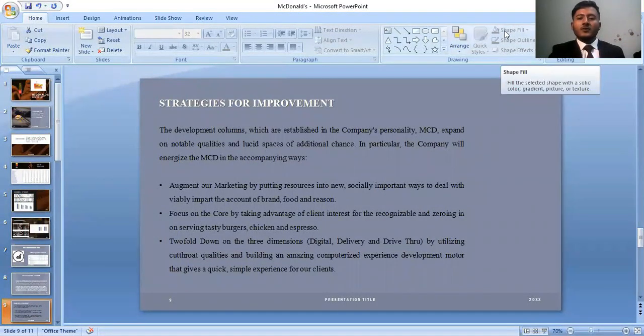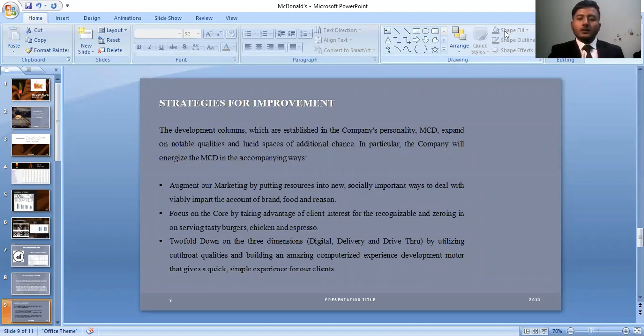Now, strategies for improvement. The growth pillars, which are rooted in the company identity, McDonald's builds on notable strengths and leaves room for additional opportunity. In particular, the company will energize McDonald's in the following ways.